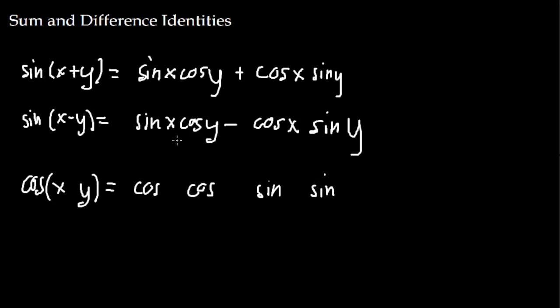And unlike sa sine, where kung ano yung operation na ginagamit, let's say na ang ginamit is plus, dito naman din ay gagamitin plus, and then minus here will be minus here.